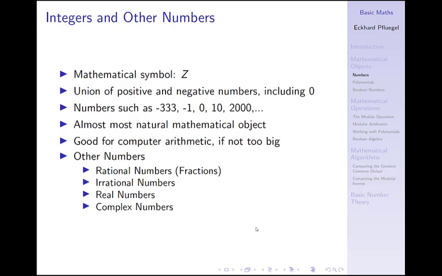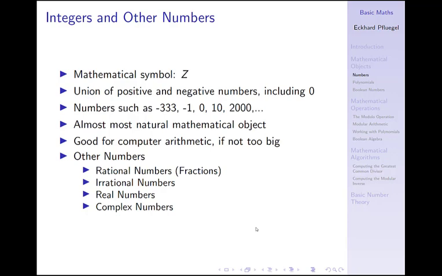And the symbol we use in mathematics for the integers is the symbol Z, which basically stands for Zahlen in German, which means numbers. Now, in a computer, it's quite straightforward to use integers and perform arithmetic with them, unless they're too big.